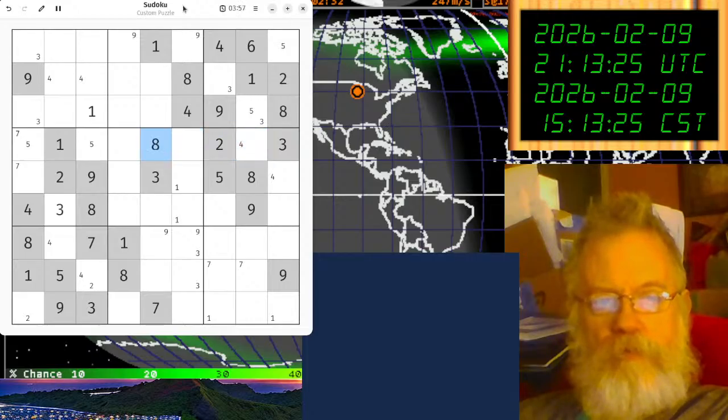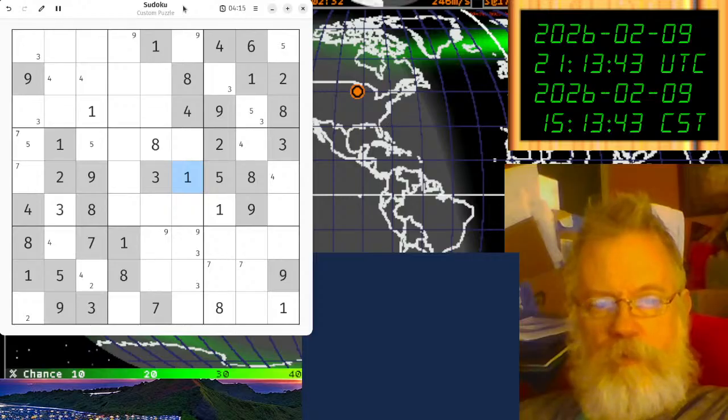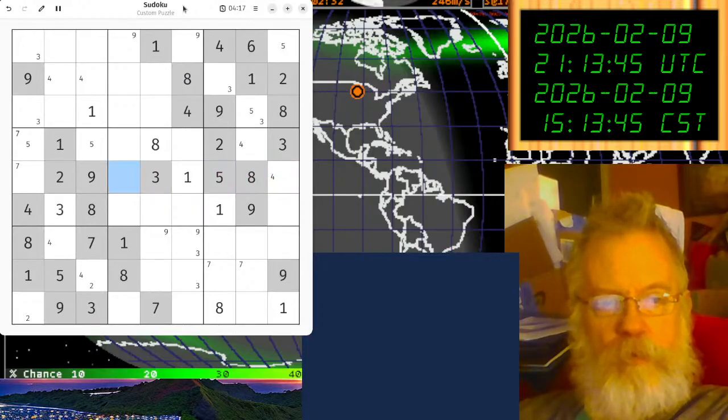Getting 8 solved here. And here. That makes that into 1. It turns this into 1 as a result, and this becomes 1, not a 4. And that's all the 1s.